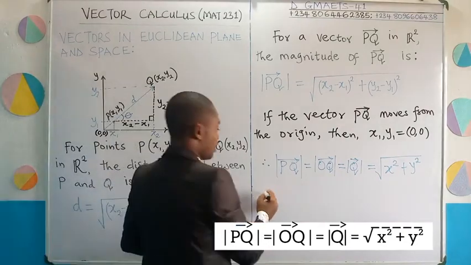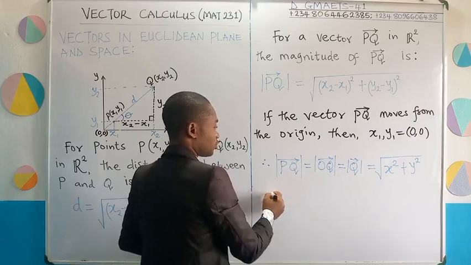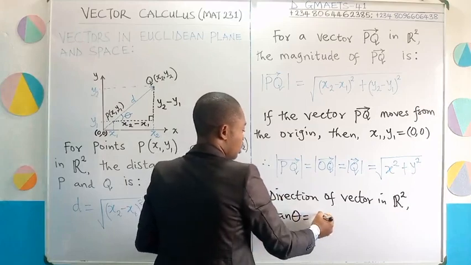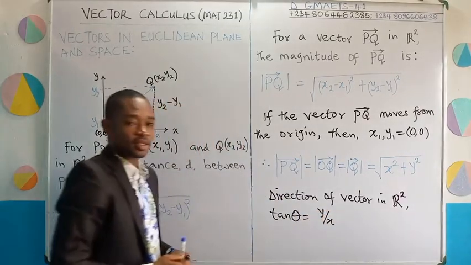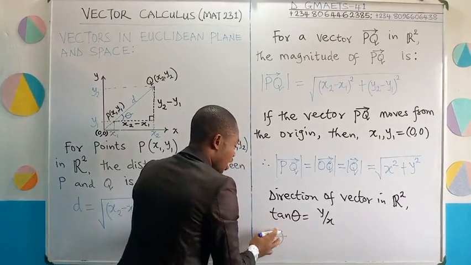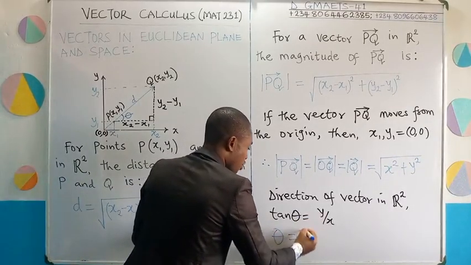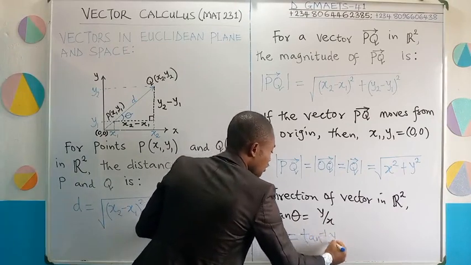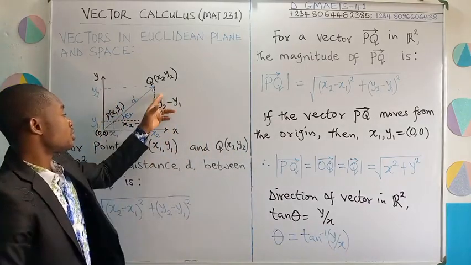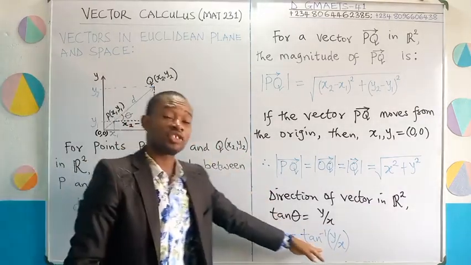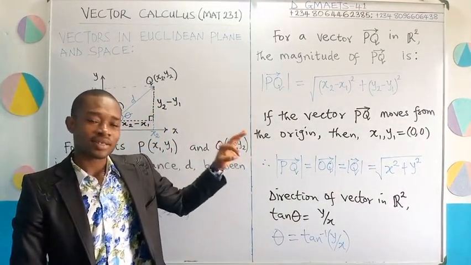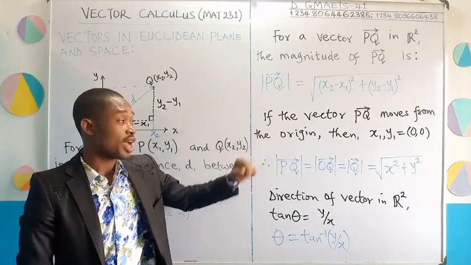So I can simply say that for the direction of the vector, we have that tan theta is equal to y over x. Is that okay? Y over x. And simply to obtain our theta, we have to take the tan inverse of y over x. This concept of y over x is simply telling us to do opposite over what? Adjacent. Take the tan inverse of it. And so this is what we deal with in the concept of vectors in 2 dimensions.